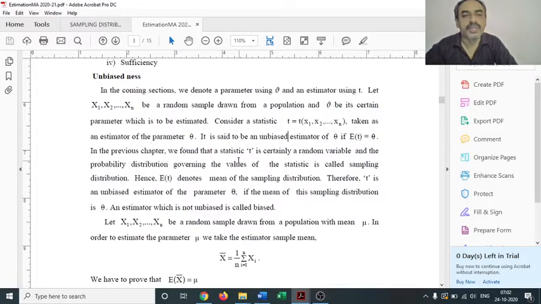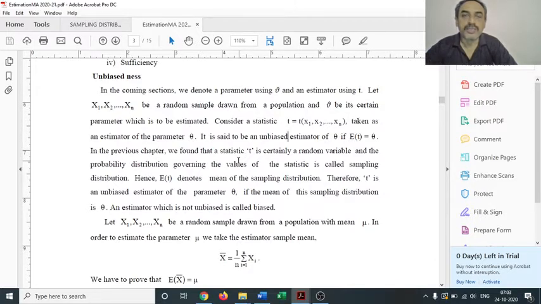When do you say that T is an unbiased estimator? T is said to be an unbiased estimator if the mean of T is equal to theta. In sampling distribution, we found that the statistic will always be a variable while the parameter will be a constant. And since T is a variable, there will definitely be a probability mechanism governing the variability of T, and that probability mechanism is known as the sampling distribution.